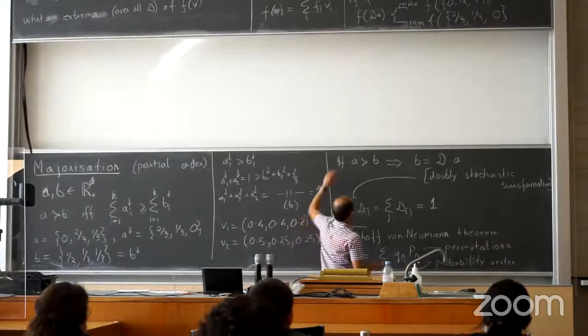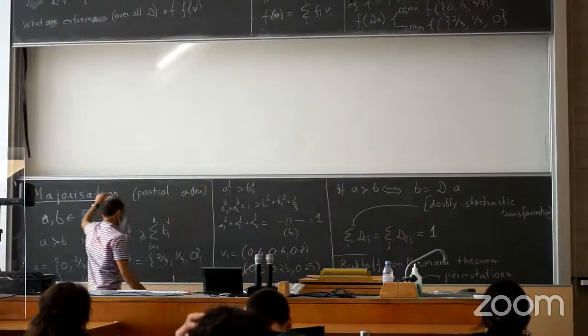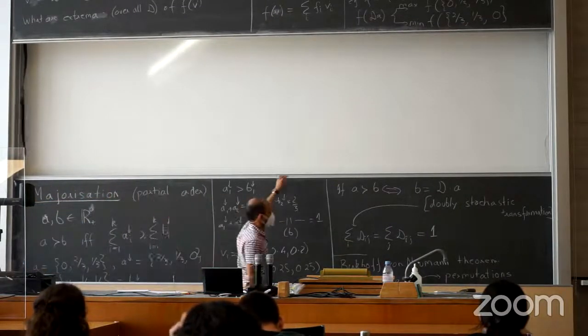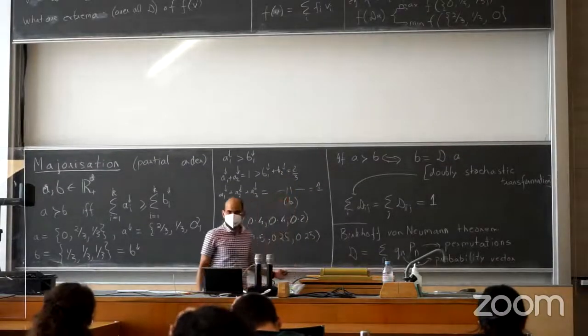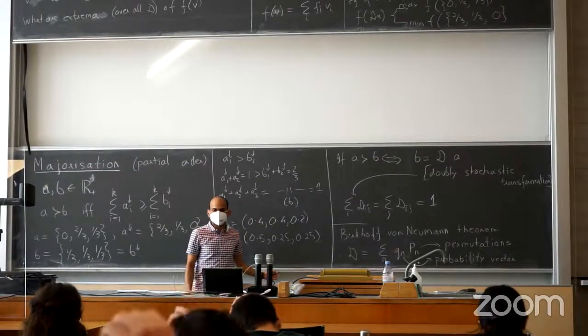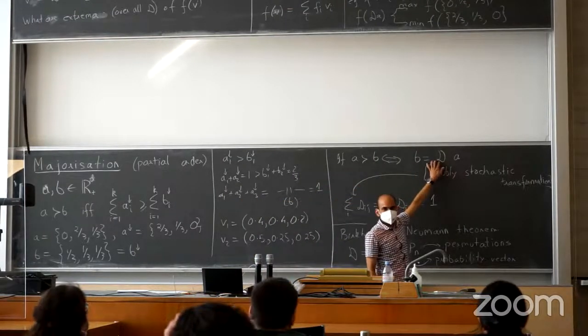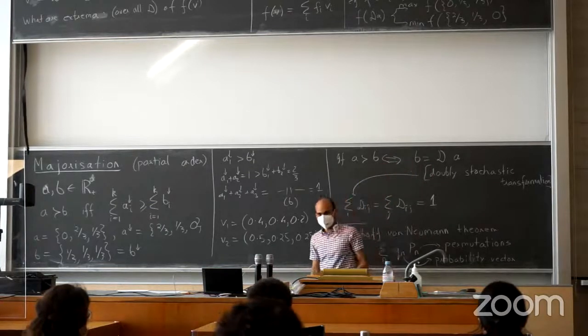If A majorizes B, then B is a doubly stochastic transformation of A. Yes, thank you. The statement was that majorization and the doubly stochastic statements are if and only if. So A majorizes B if and only if B can be written as a doubly stochastic transformation.